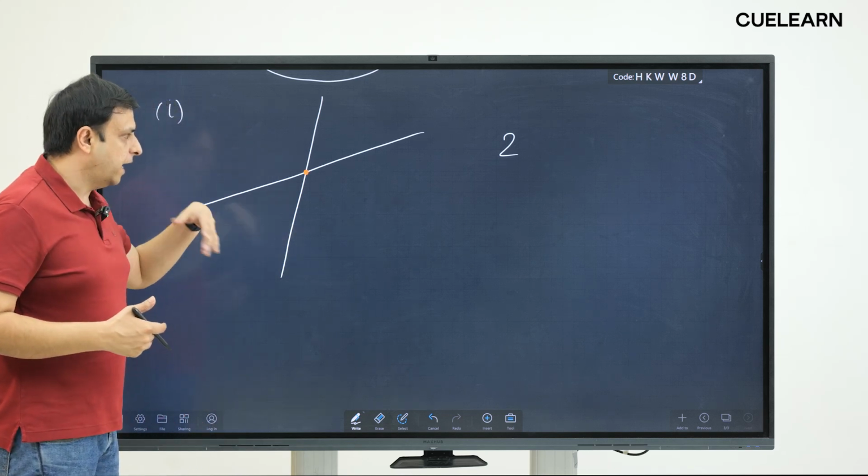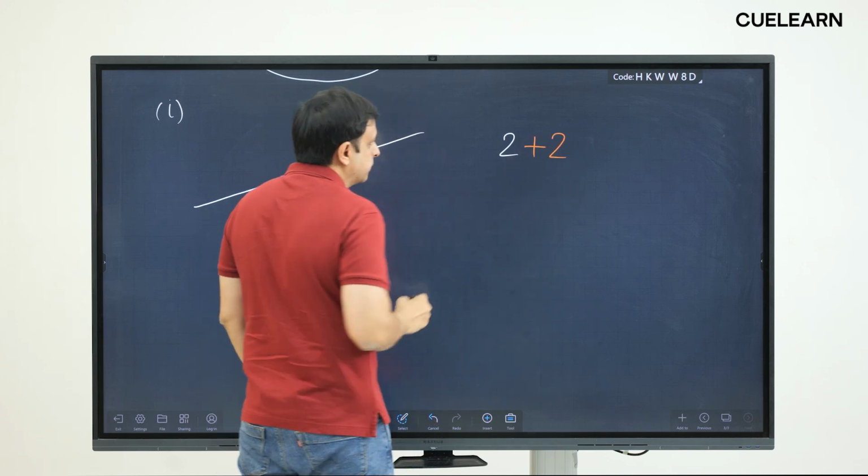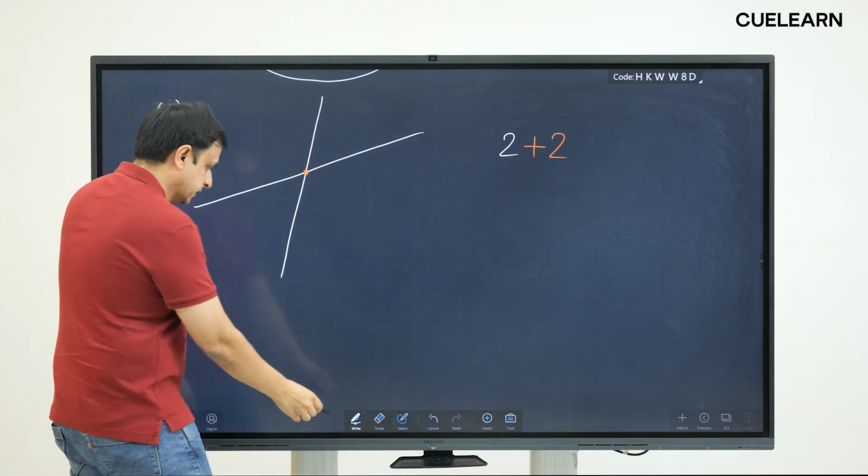So, the second line has increased the number of regions by 2. So, for 2 lines I get 2 plus 2 regions.